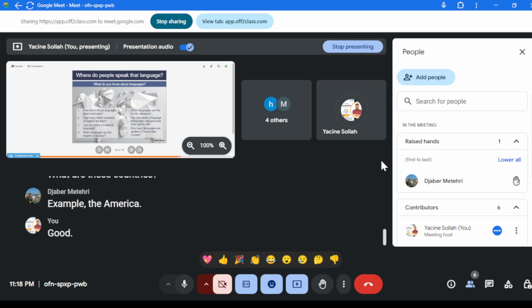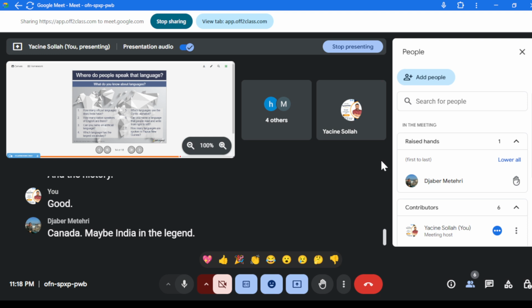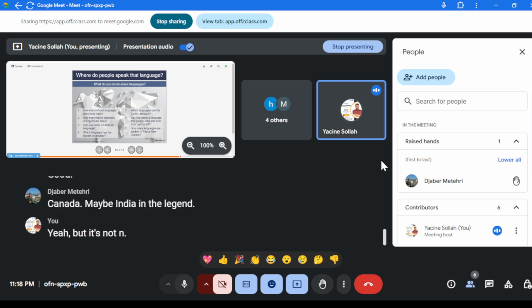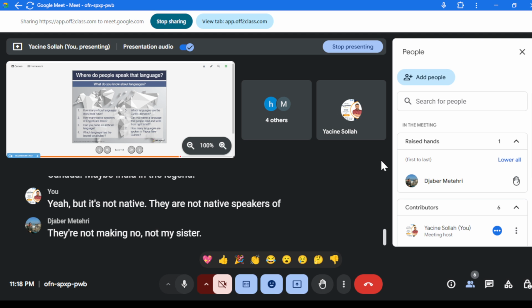Good. And Australia. Good. Canada. Mm-hmm. Maybe India. Yeah, but it's not native. They are not native speakers of English. No, not native speakers.